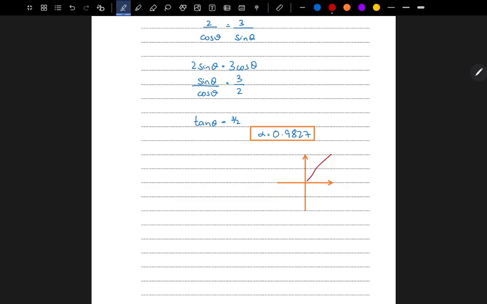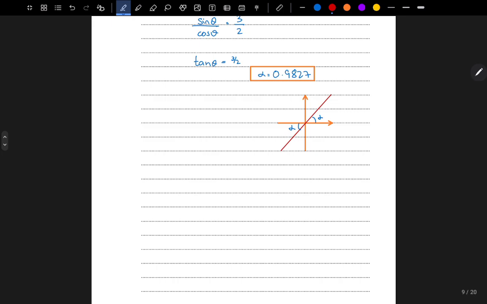So we can just draw a graph, and we know that the alpha value will lie over here and the alpha value will lie over here. So our theta values will be 0.9827 or pi plus 0.9827, giving a final answer theta equals to 0.98 or 4.12.